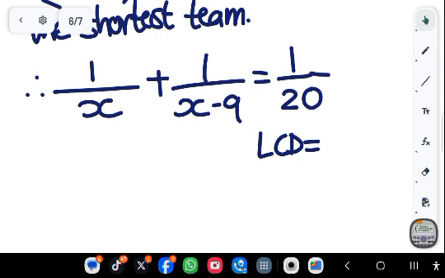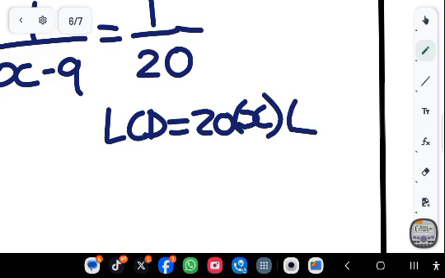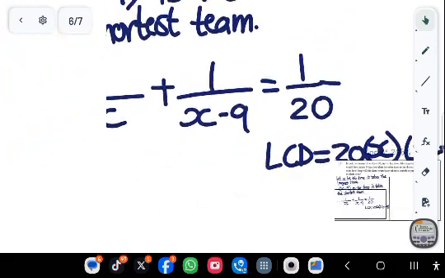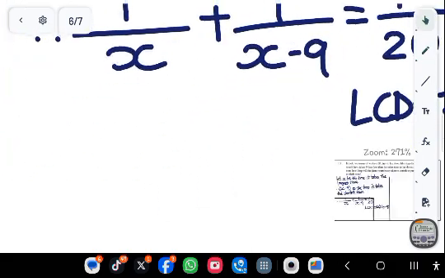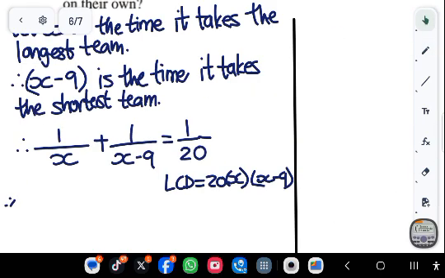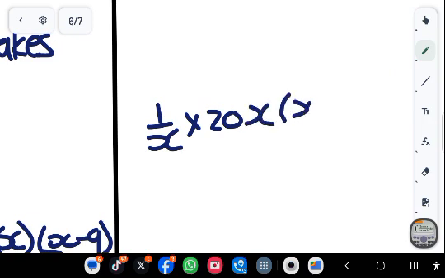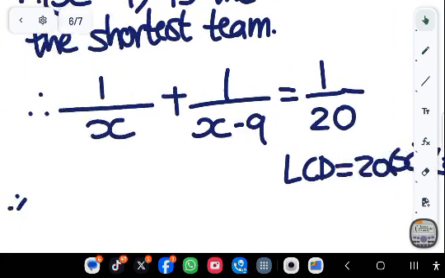You just multiply the denominators together, so that will be 20x times x minus 9. That's our LCD. Now you multiply both sides and each one of the fractions by the LCD. If we multiply 1 over x by the LCD, the x's cancel out and you're left with 20 times x minus 9 as the numerator.